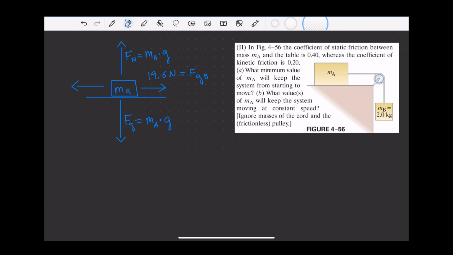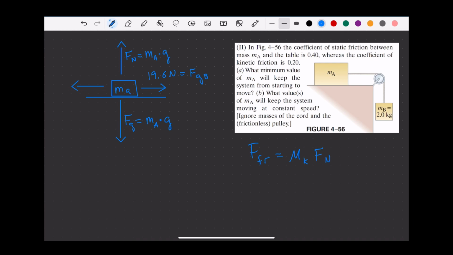And the force that is being applied by MB is not changing in this case. It didn't say anything about changing mass B, but now we're going to have a different mass that's going to be required to keep it at a constant velocity, considering the fact that the force due to friction now is actually equal to our coefficient of kinetic friction times the normal force.